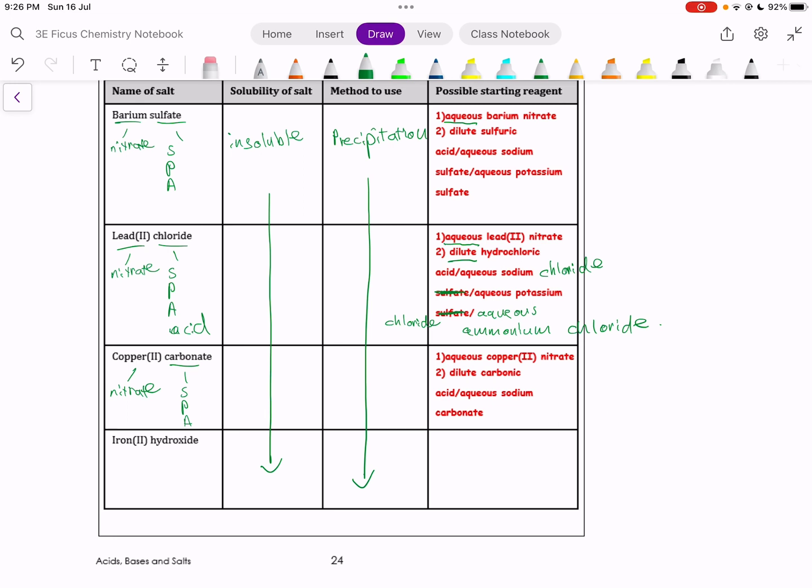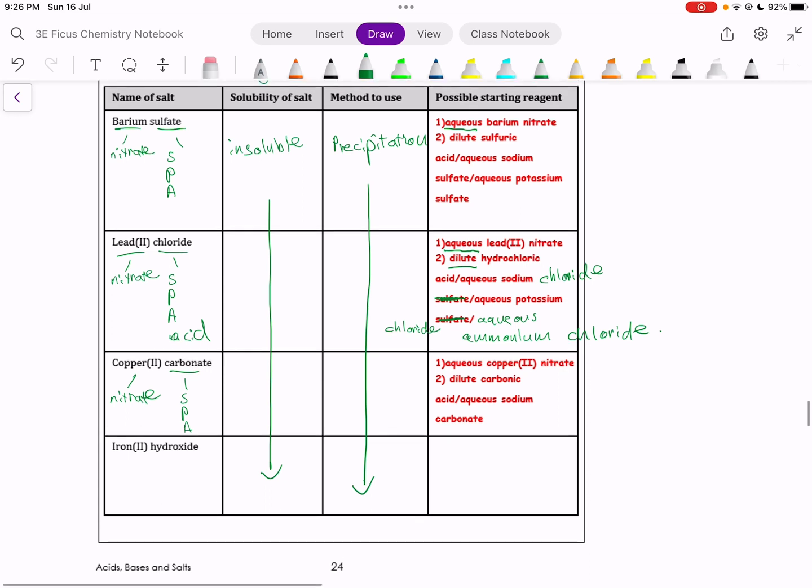You won't go wrong because sodium salts are definitely soluble. So safest is to go with a sodium salt if you have an option. So you have dilute carbonic acid, aqueous sodium carbonate, or aqueous potassium carbonate.